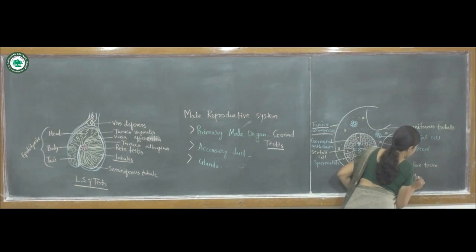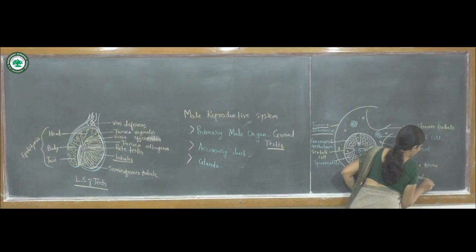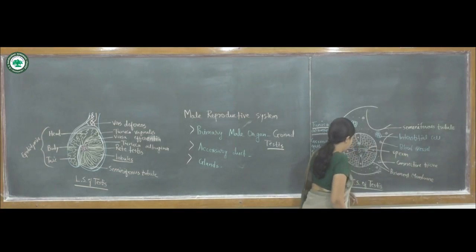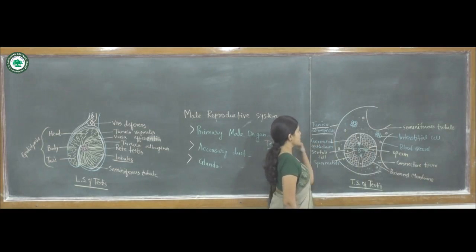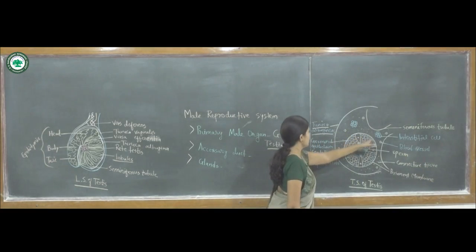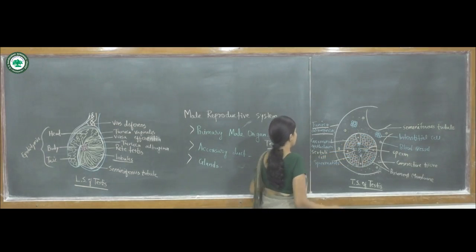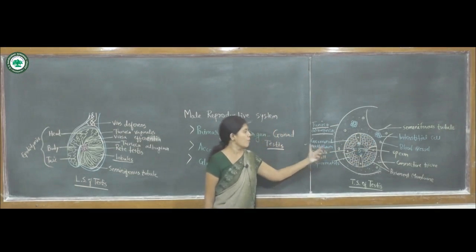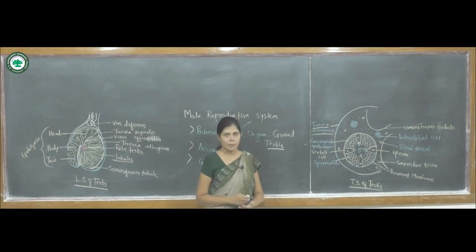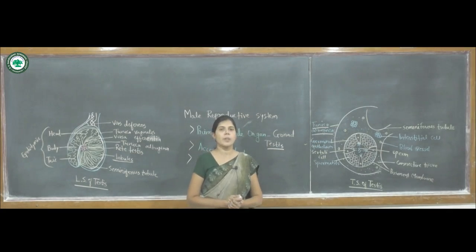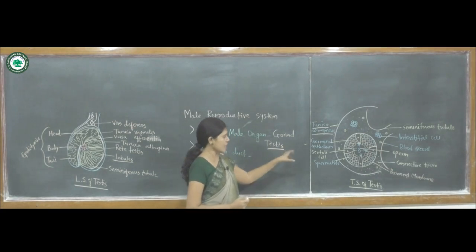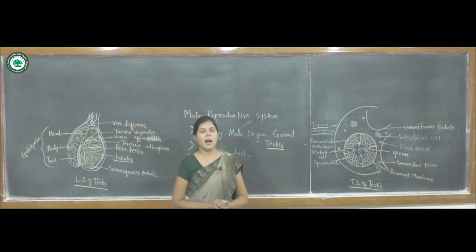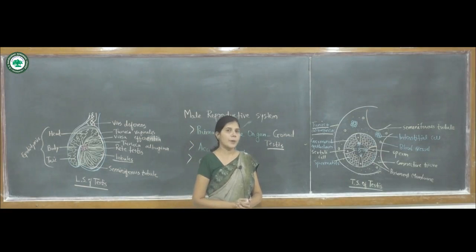The seminiferous tubule consists of a layer of cells known as the germinal epithelium, and the cells of the germinal epithelium undergo the process of spermatogenesis.